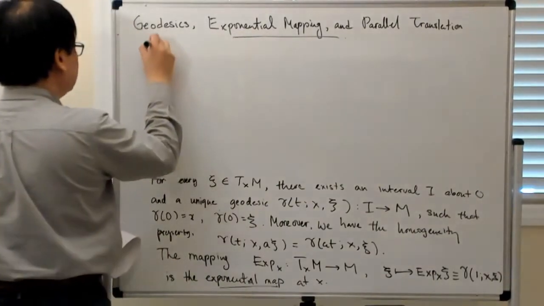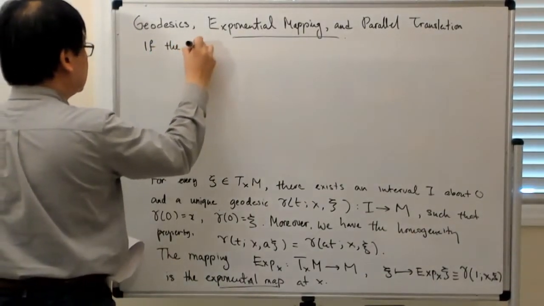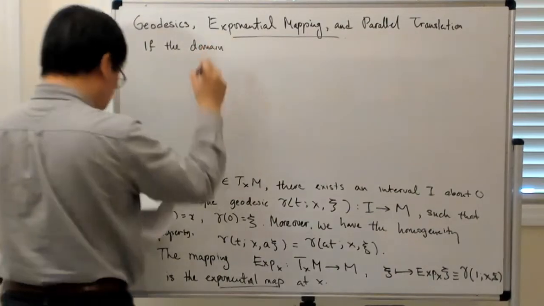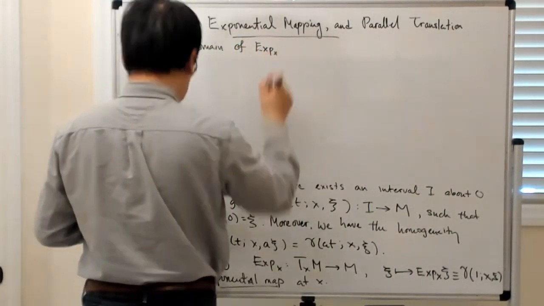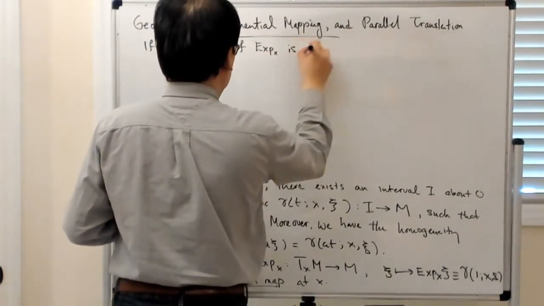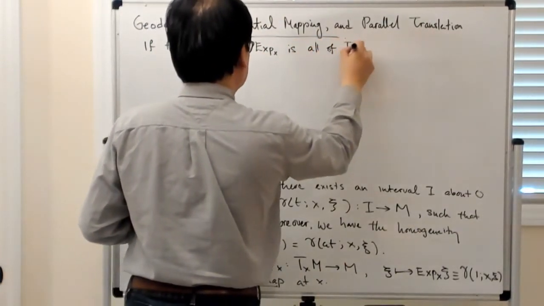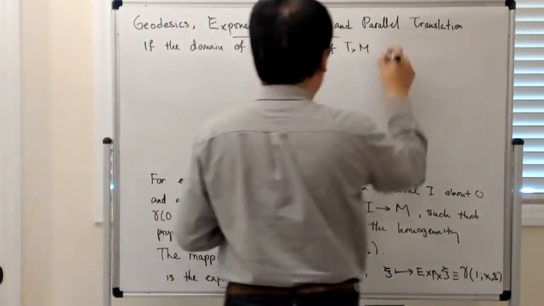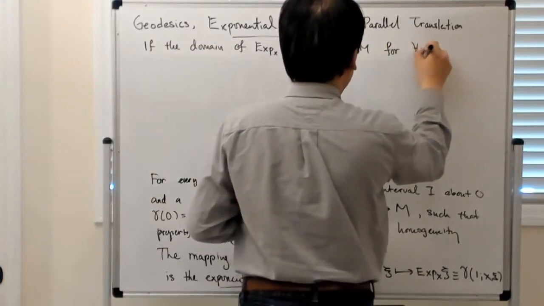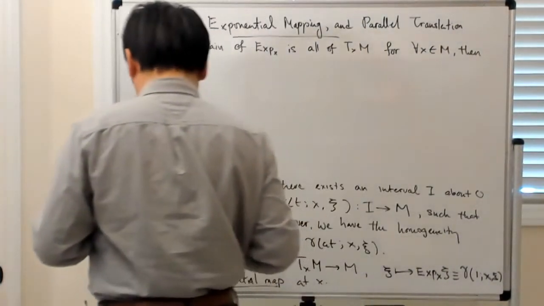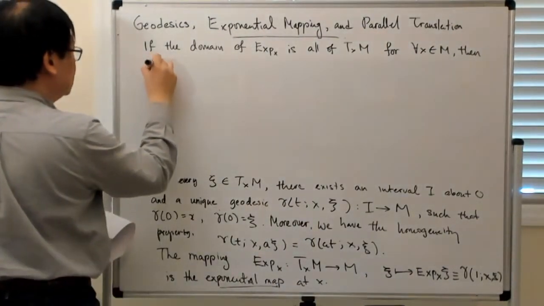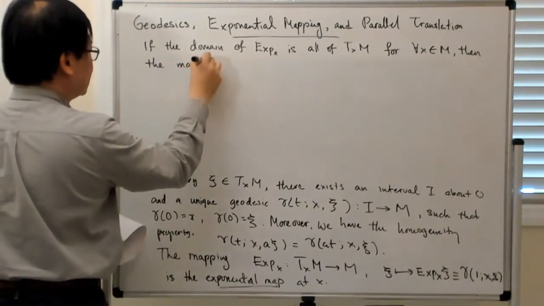Okay, so if the domain of this exponential map is all of T_xM, right, for all x in M, then we say the manifold M is geodesically complete.